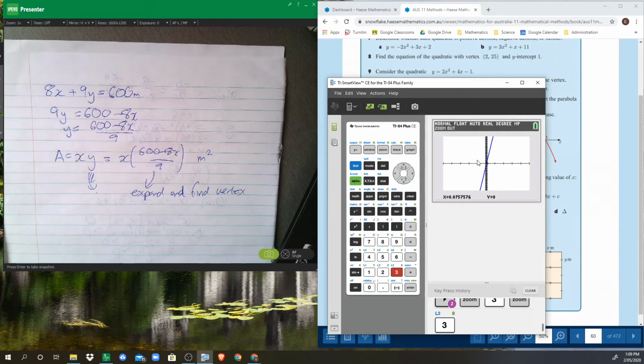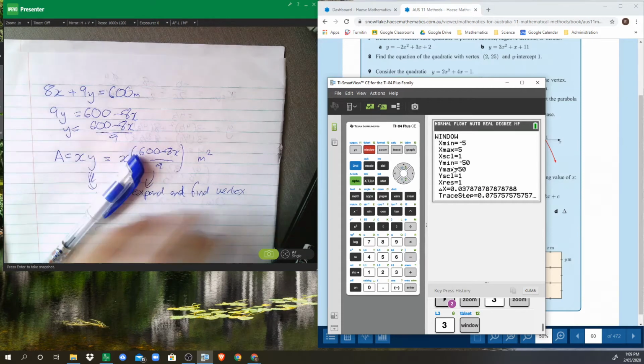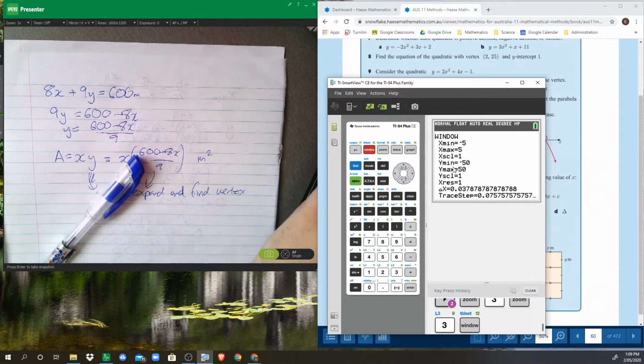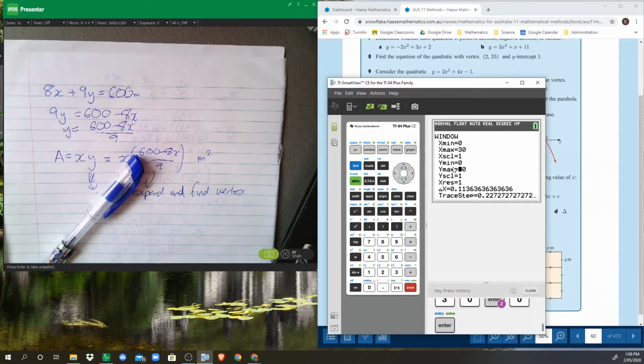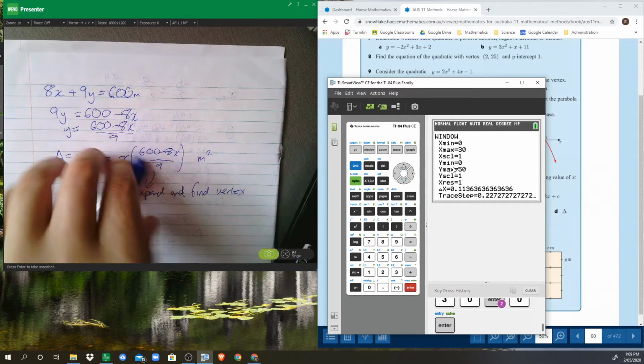It's a negative quadratic, so I know the maximum is up here somewhere. Let's go into window. I need more negative x space, so I'm taking a guesstimation of 30. Sometimes that's what you have to do. Negative y space doesn't make sense. Remember the y represents area in this case, not the y that we got here.